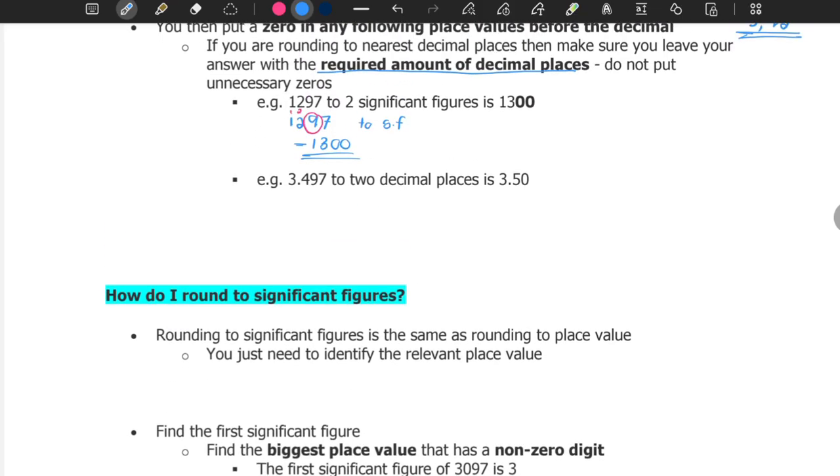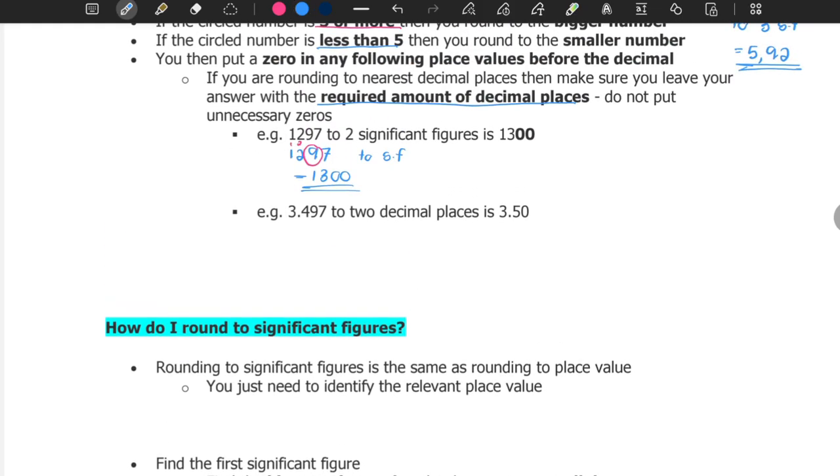Okay. And for the next example, we have 3.497 to two decimal places. So this is decimal places. Again, we have to check: this is the first decimal place, this is the second decimal place. So you have to understand whether it asks for significant figures or decimal places.